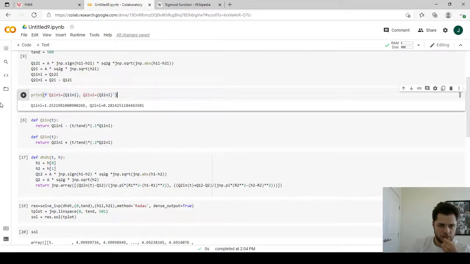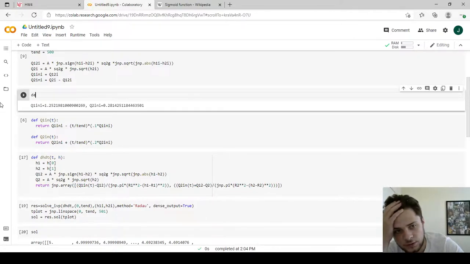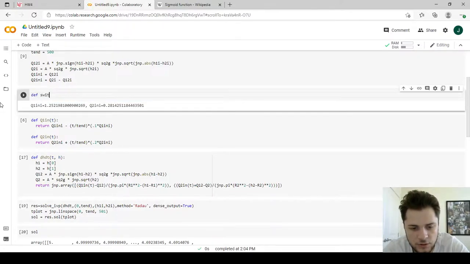So to do this, I'm going to just get rid of this code right here. I want to define a function. I want to define my switch function.